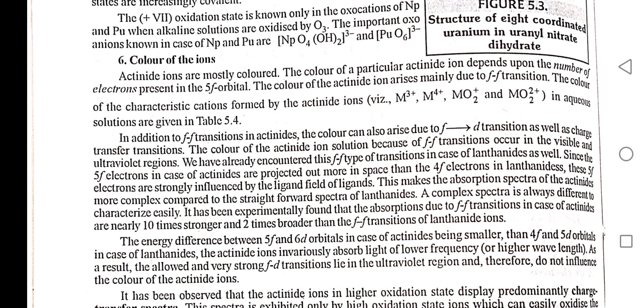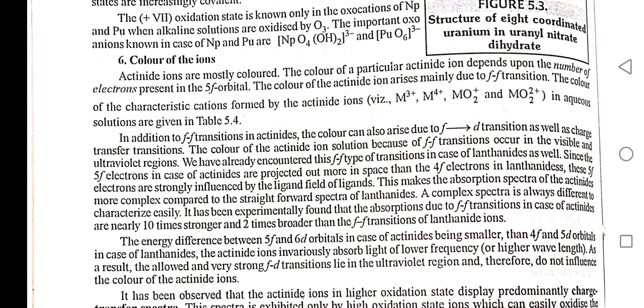Since the 5f electrons in actinides are projected out more in space than the 4f electrons in lanthanides, these 5f electrons are strongly influenced by the ligand field of the ligand. This makes the absorption spectra of the actinides more complex compared to the straightforward spectra of lanthanides. A complex spectrum is always difficult to characterize easily.